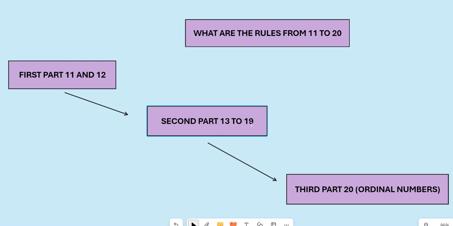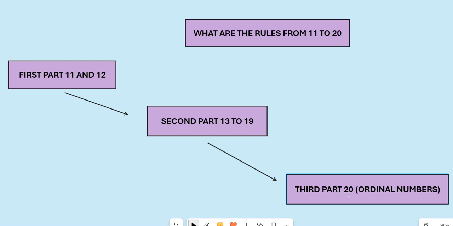So you can see the rules are different for the first two numbers, then in between for 13 to 19, and the third part deals only with 20. So before I go into details, let us take a bird's eye view of the numbers from 1 to 100, and you should have an idea how the rules are coming for the numbers from 1 to 10 or 11 to 20, and how many rules we have.